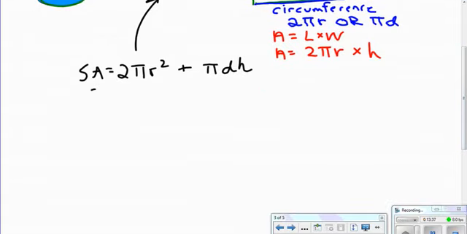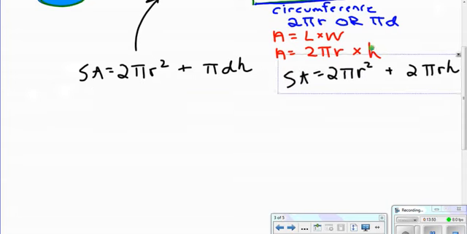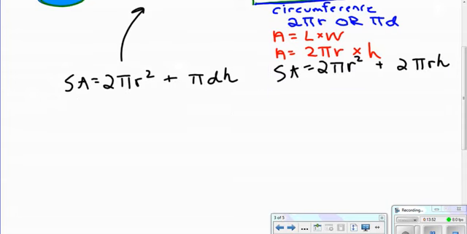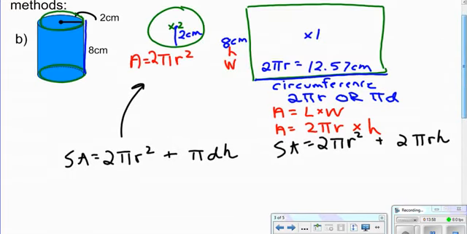Or you might see this one, surface area equals 2 pi r squared plus 2 pi r h. Again, exactly the same thing. I tend to like the first version just because it has diameter in it, and that's nice and easy to use. A little bit less calculation, doesn't really matter to me.